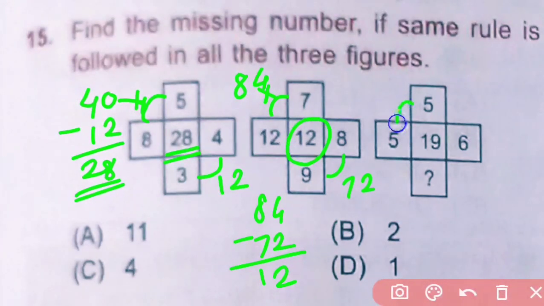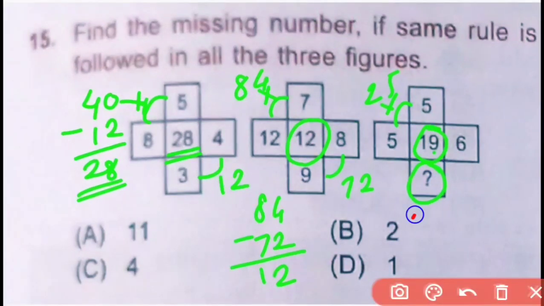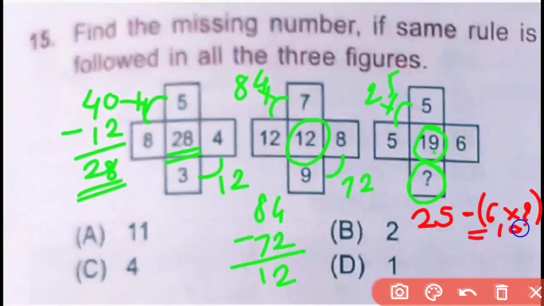Now here 5 into 5, 25. 10. Here this figure is given and this figure is missing. Now here 25 minus 6 into question mark is equal to 19. 6 into question mark is equal to 25 minus 19.